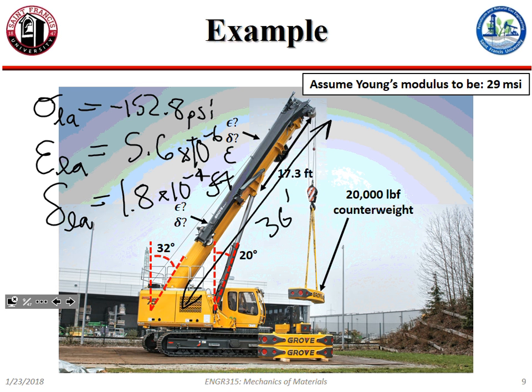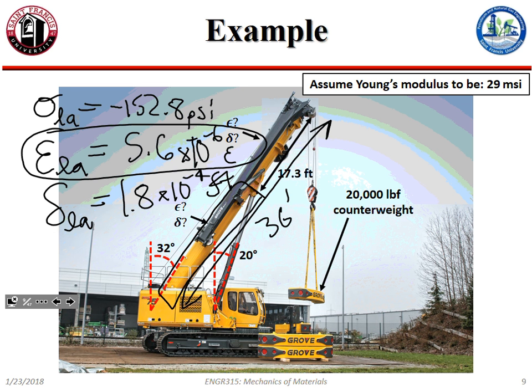Well, it's not the full length. This strain only corresponds to the region where our force balance was valid, and our force balance is only valid for this part of the arm. So only that part of the arm is going to strain by that amount.